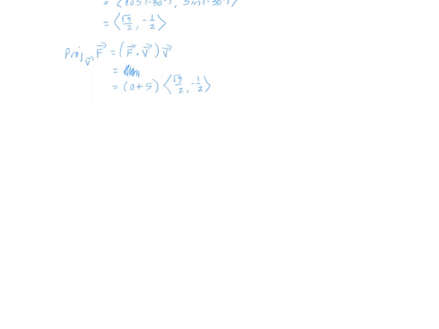Putting this all together, I have 5 square root 3 over 2, comma -5/2. That would be the parallel component, or the projection of f onto v. Okay? So again, parallel component.